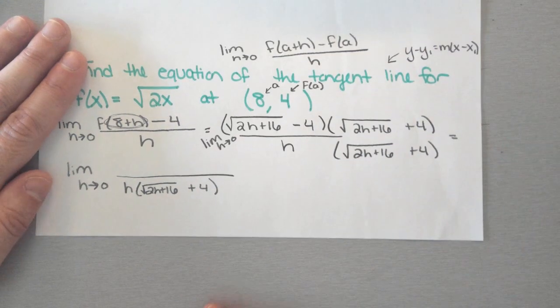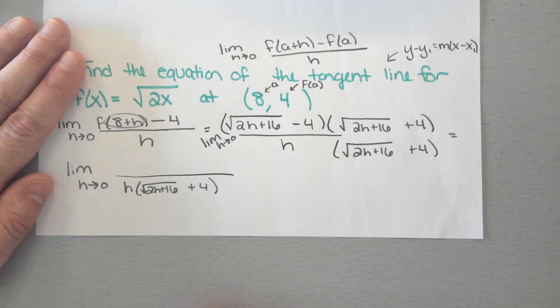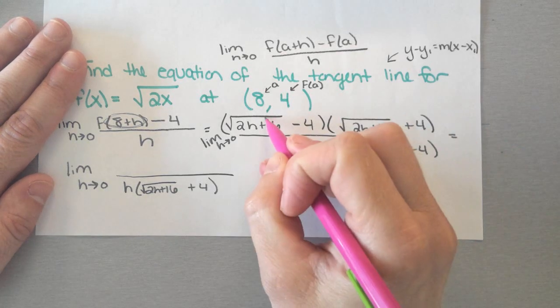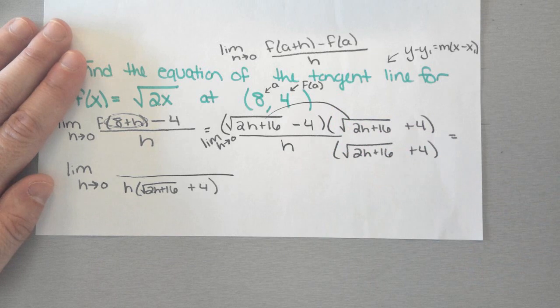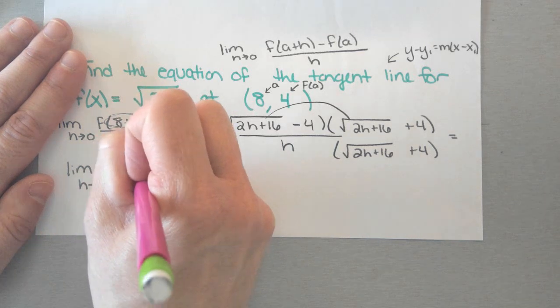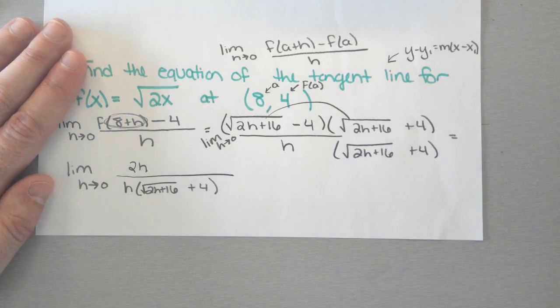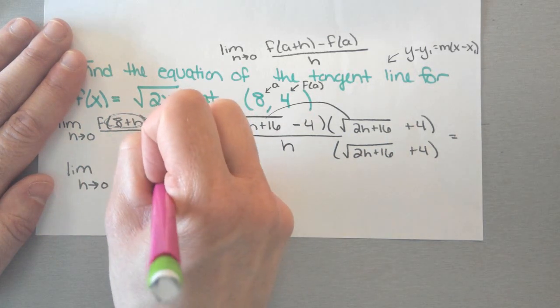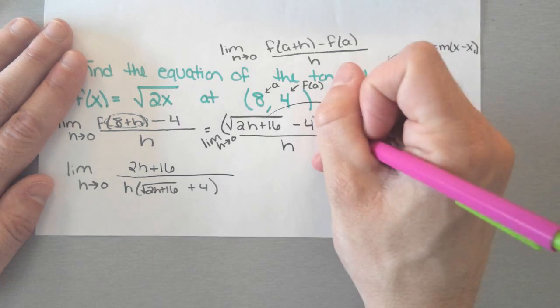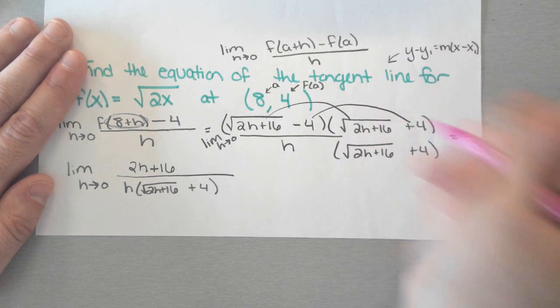The numerator, remember, we can just fold. We don't need to do the O and the I because those will cancel each other out. If I multiply these two together, the fact that it's being squared and square rooted, it cancels each other out. So I'm left with 2h plus 16. And then I can do the last.